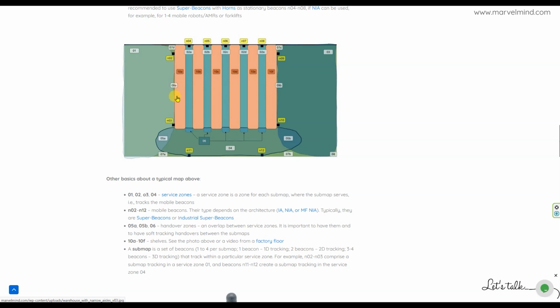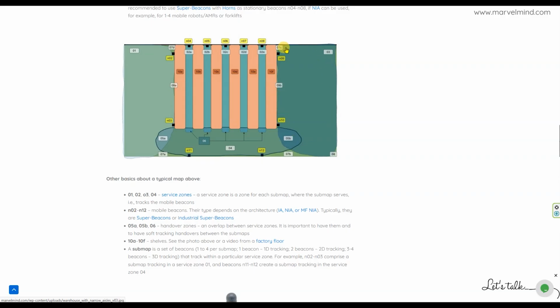So in this case, N02 and N03 is a set of two beacons creating a 2D submap with a service zone 01. This is another submap, N11 and 12. This is a submap, and N09 and 10 is another submap.